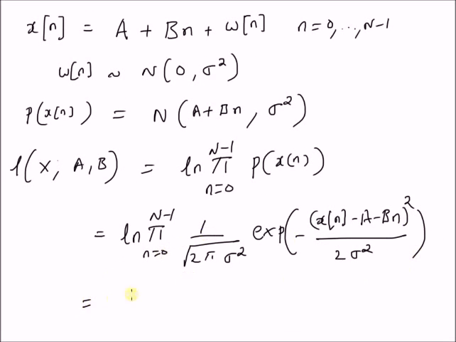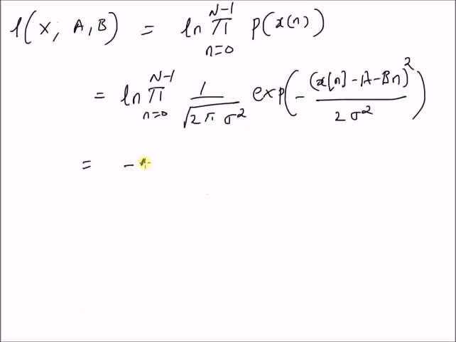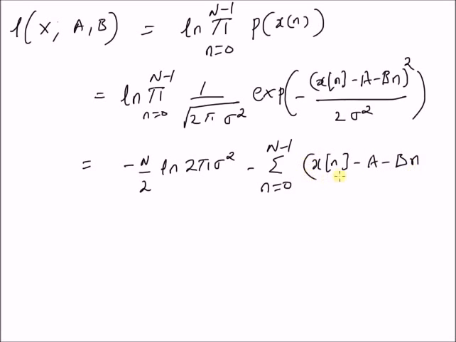Upon simplification, this becomes minus N by 2 logarithm of 2 pi sigma squared minus summation n equal to 0 to N minus 1 of x of n minus a minus b times n whole squared divided by 2 times sigma squared. So this is the log likelihood function.